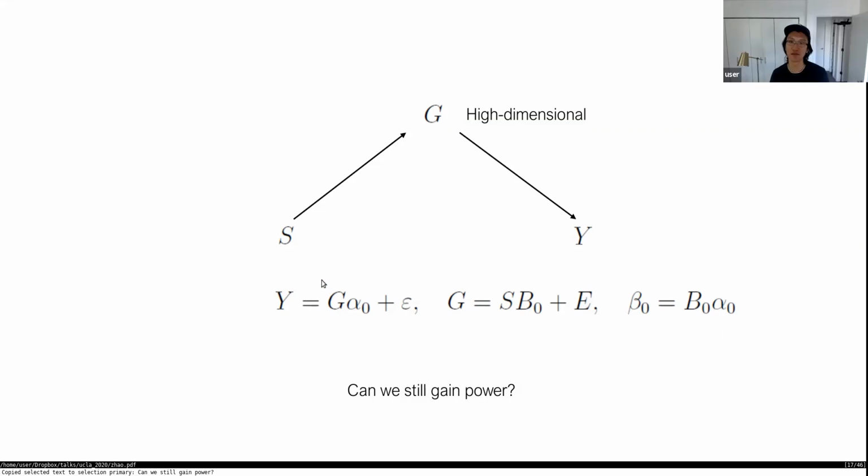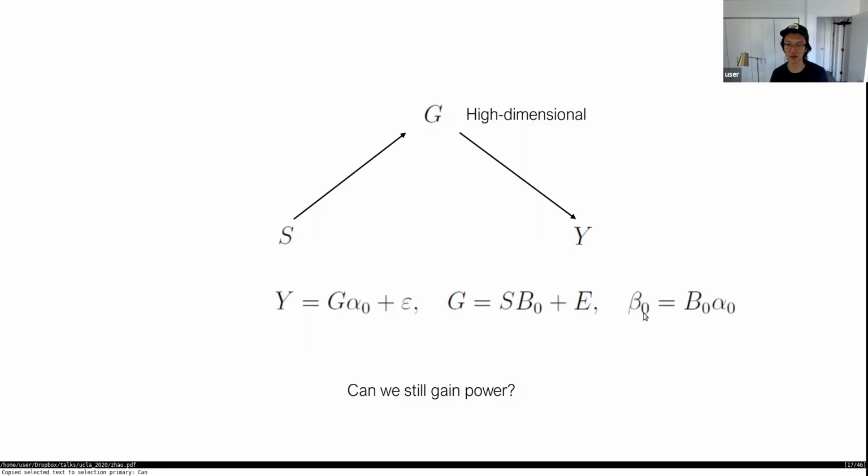I think we are, just because they're in here. Those G that affect Y are all captured by this alpha 0 term, regardless of whether or not those G are also affected by S. So let's say G1, G2, and G3 affect Y, but only G1 is affected by S. That's okay.